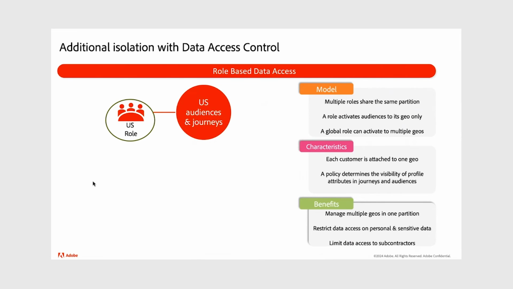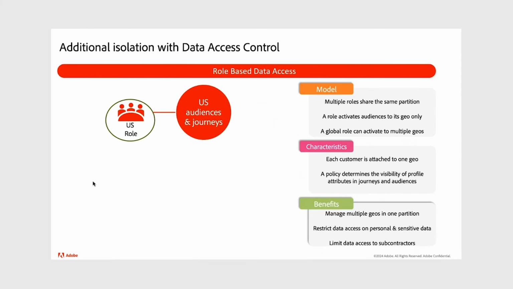Of course, it implies that your customer data are flagged to only be available for one geo. So let's say you have a Japanese user that should only be visible for the US role. In this case, you would have a specific profile attribute that will mention this user should only be activated to US.